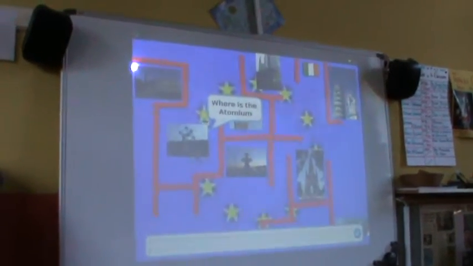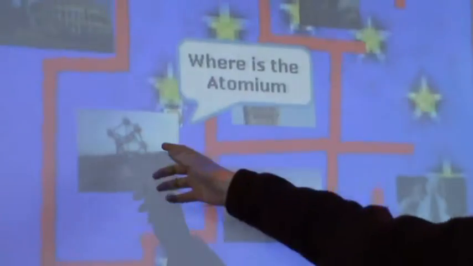Where is the automobile? It is in Brussels. As you can see, this gate up here has opened.